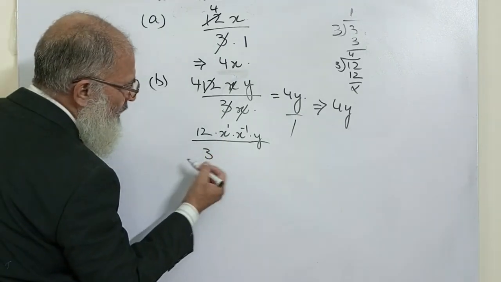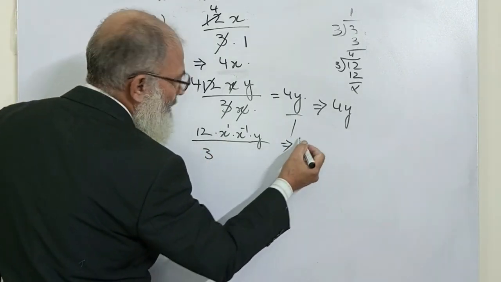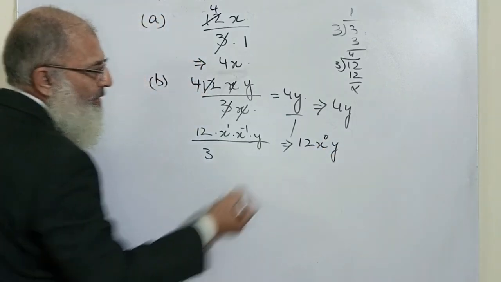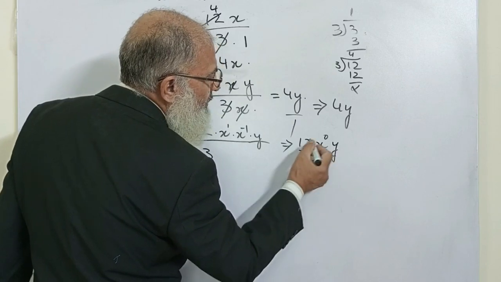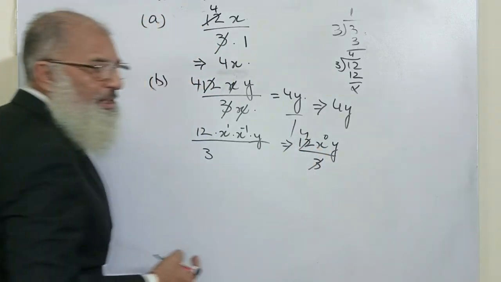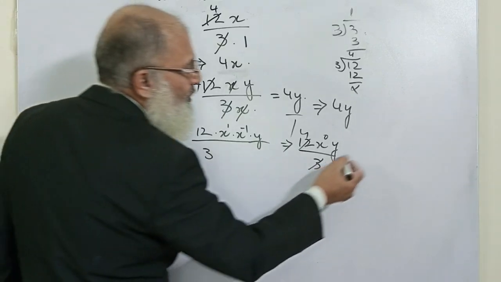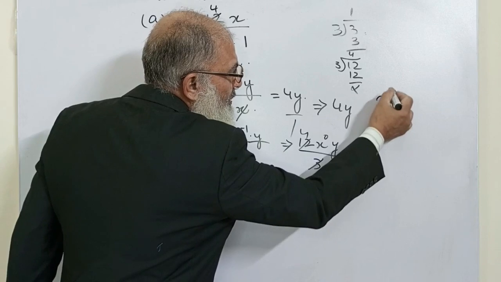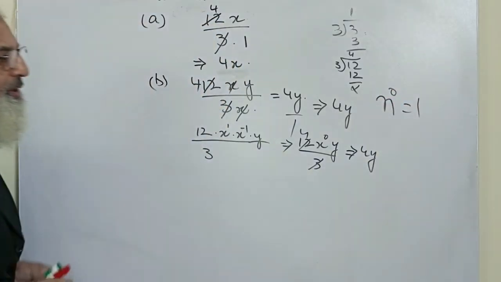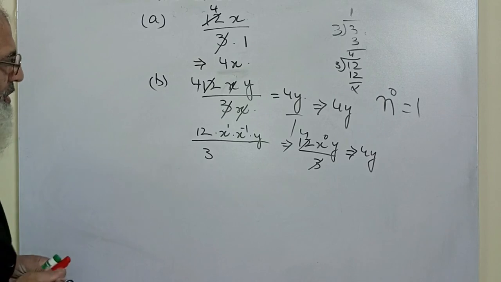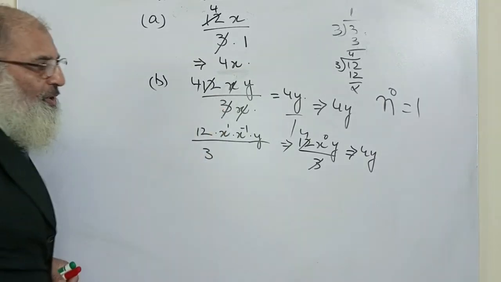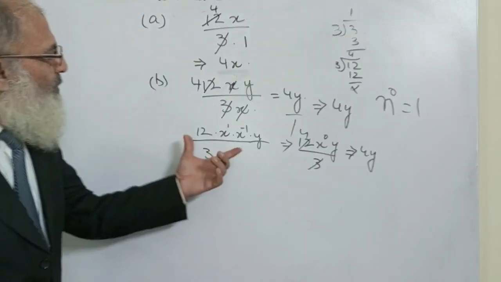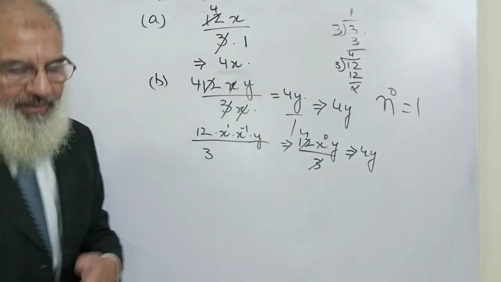So what will it become? 12 x to the power 0 y divided by 3. Now this will become 4, and anything raised to power 0 is 1. So it will again become 4y. Anything raised to power 0 is 1. I have told you this many times. So this is much easier than this one. You may have to come across this also at a later stage.